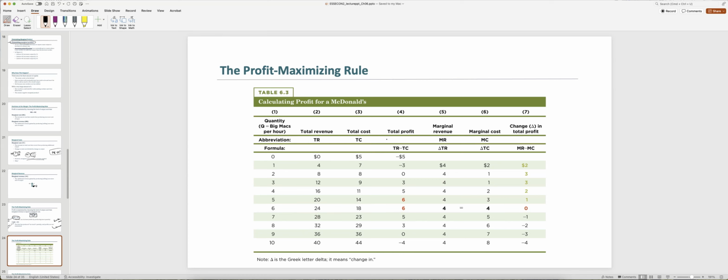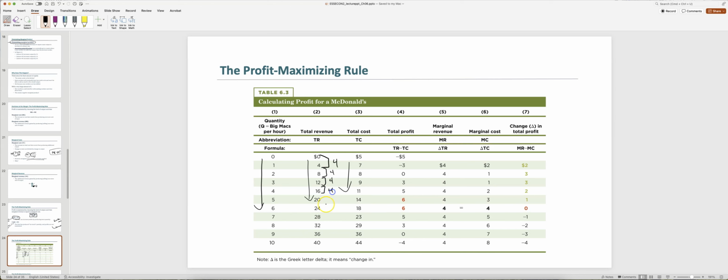And so let's look at this situation where we're going to look at McDonald's here with the Big Mac. Okay, so we get our revenue, we've got our cost functions, and now we can see that as more Big Macs are produced, we can see how the revenue changes, and we can see how the costs change, and that change in the revenue would be 4, 4, 4.